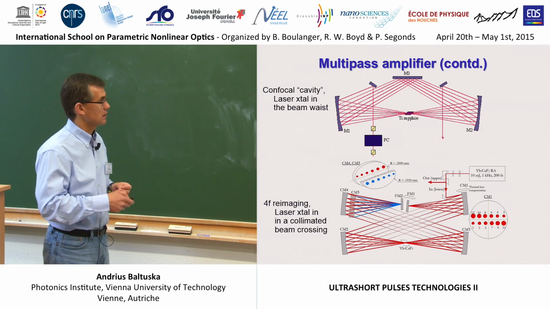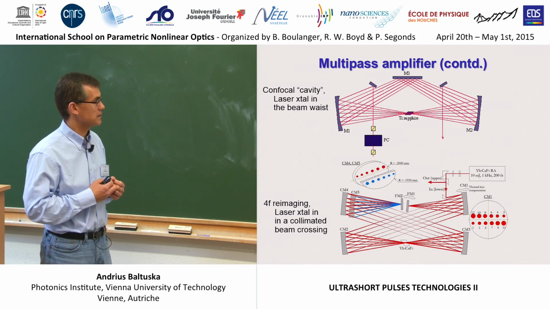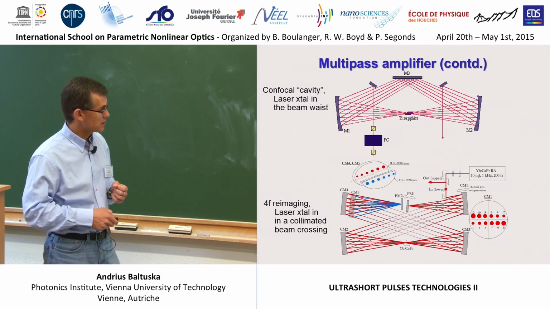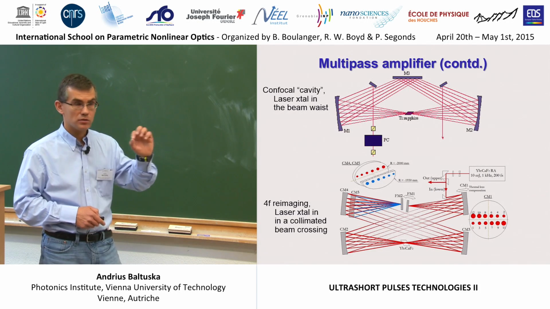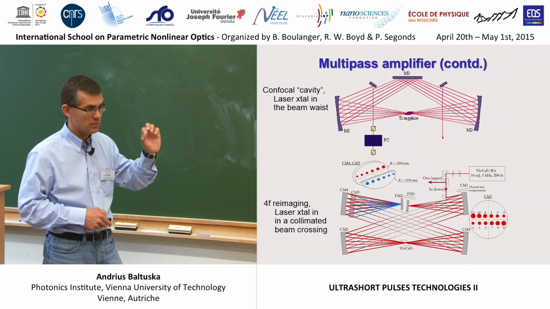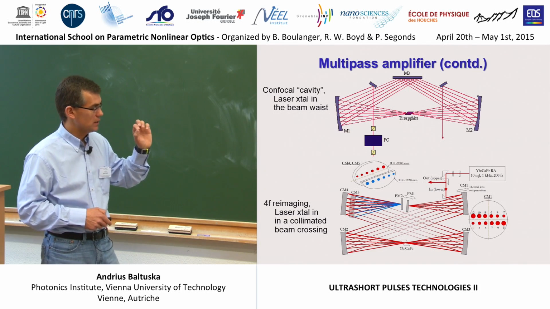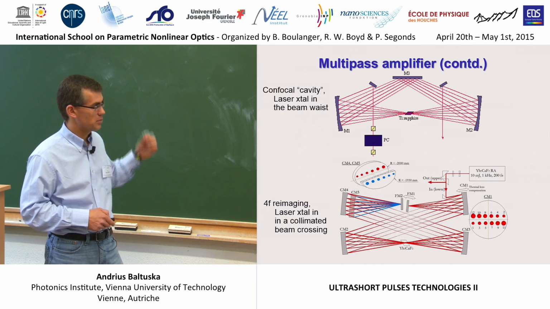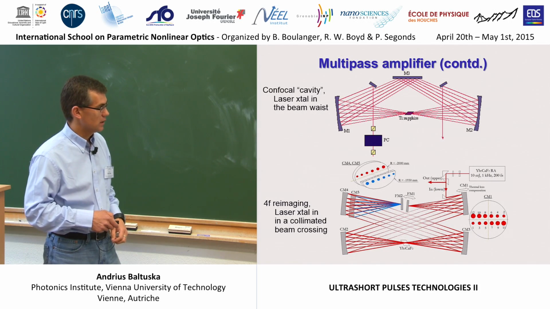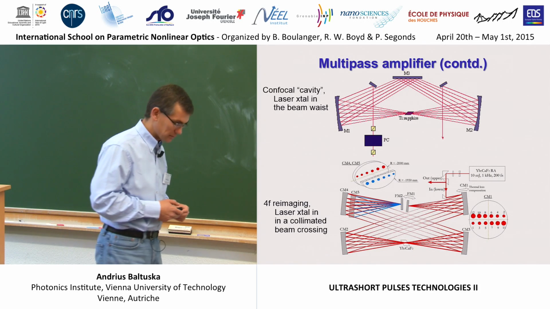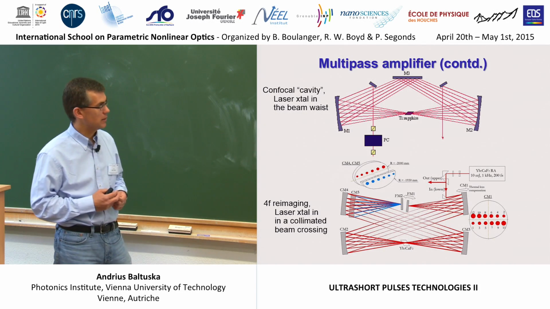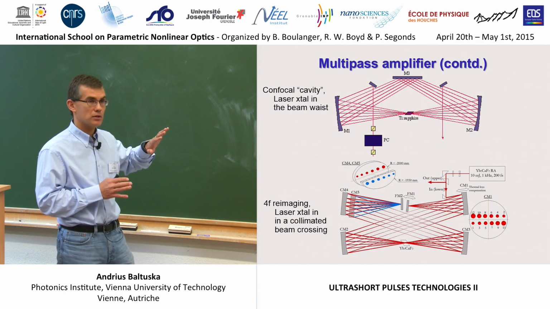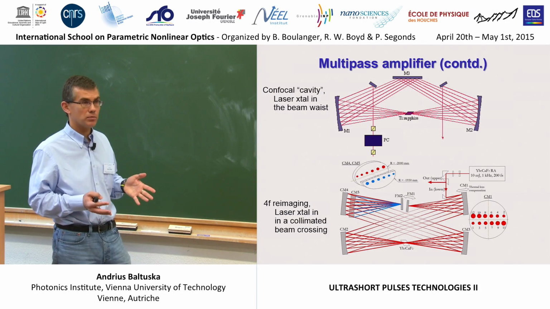So that has its immediate drawbacks. Then you can switch to a different type where instead of going in with the focused beam, you would go with the collimated beam, but then you need to watch out that the beam is re-imaged, and that introduces other difficulties like re-imaging of the beam. So I'm not going into the details. I'm sort of trying to highlight the scope of problems.